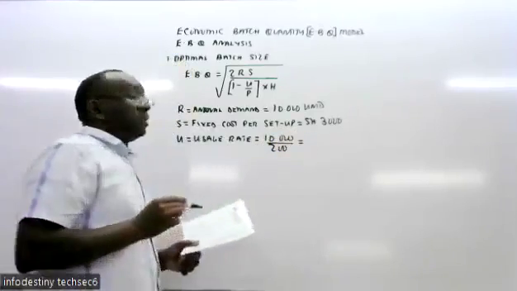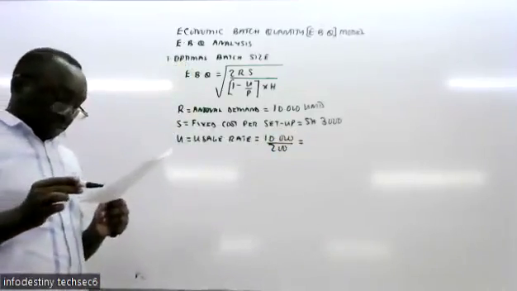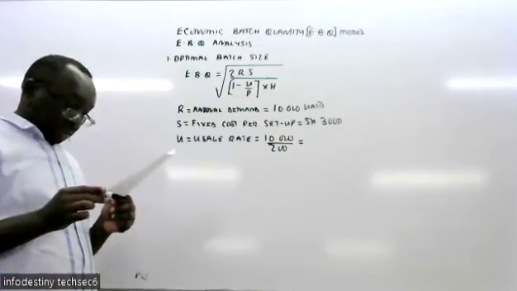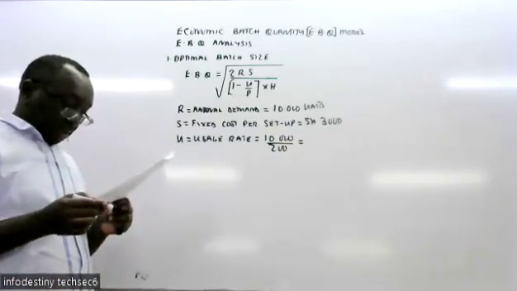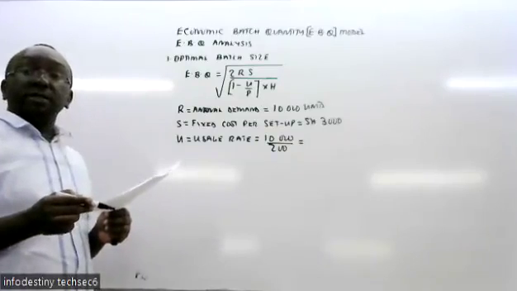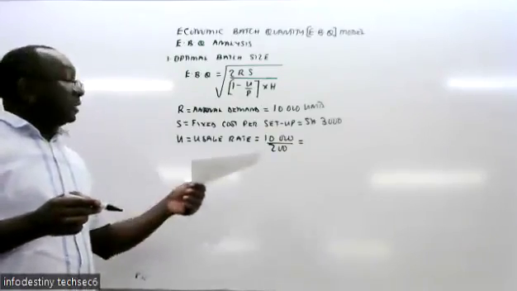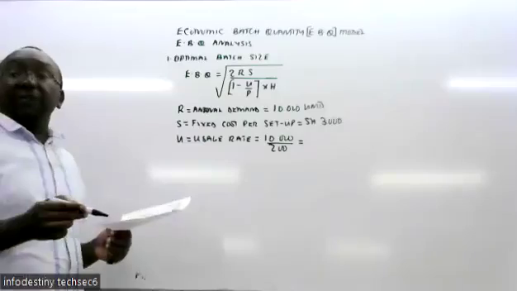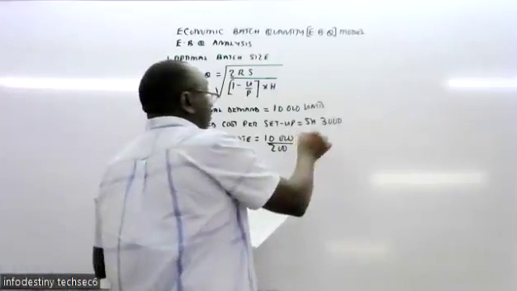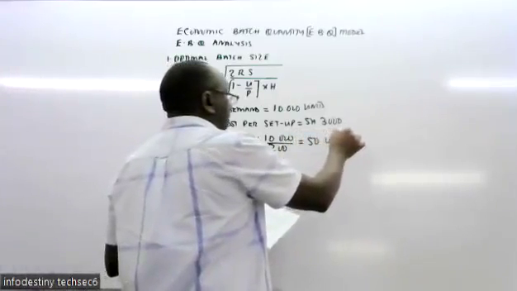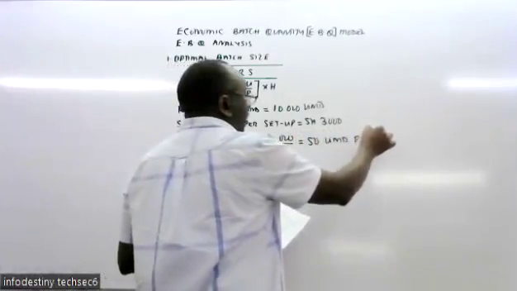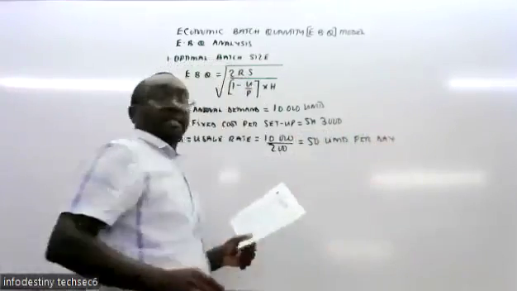So that is what? The answer? 50 units per day. That is the usage rate.